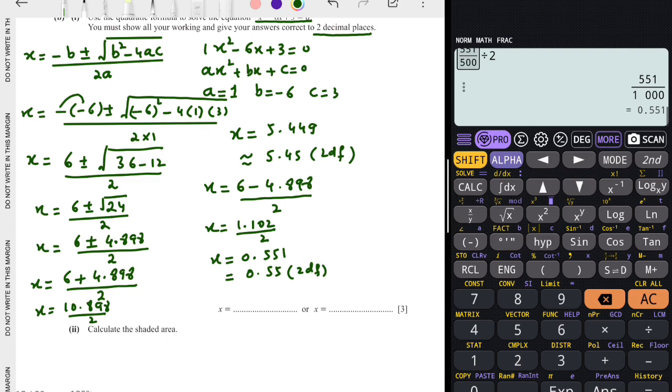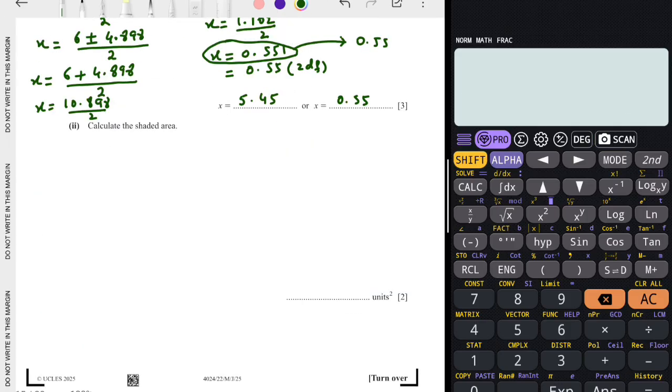Now one answer is 5.45 and the other is 0.55. In second part we have to calculate the area of shaded region. So let me draw rectangles here.